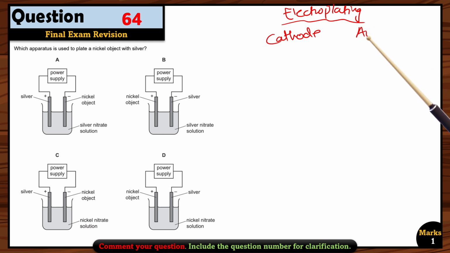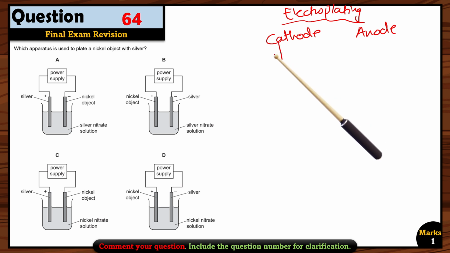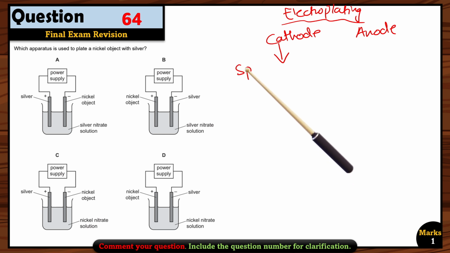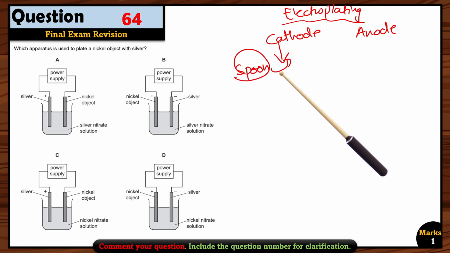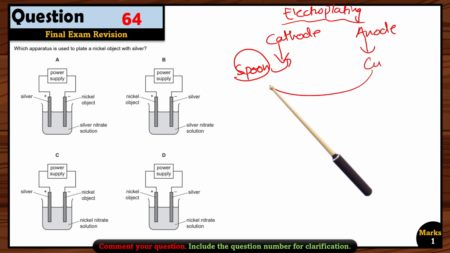So you will have a cathode and anode. Okay, so the object on which you need the coating should be at the cathode. For example, I have a spoon and I want to coat it with copper, so my spoon should be at the cathode. Okay, and my anode should be made up of copper because I want to do the copper electroplating on the spoon, right? So the spoon can be made up of iron or whatever. So that's how you do it.